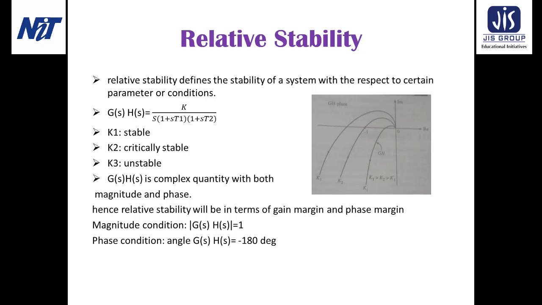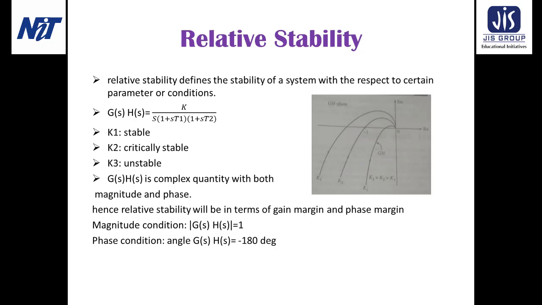Now the closeness of the open loop transfer function G(j omega)H(j omega) to the critical point, that is the point minus 1 plus j0, can be used as the measure of the margin of stability. And it does not apply to a conditionally stable system.